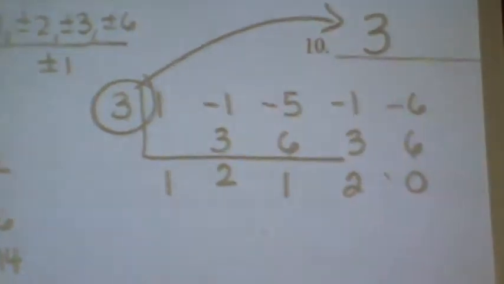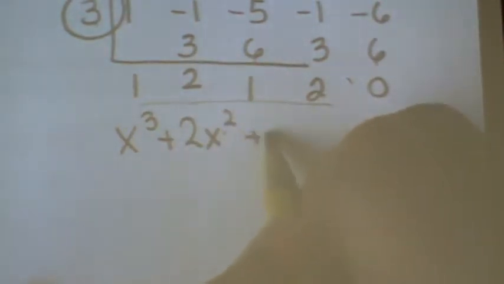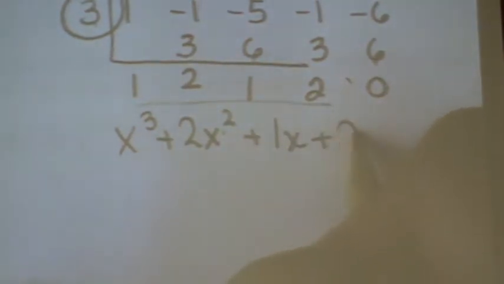Multiply, add, and multiply, and guess what? We got a 0. That goes here, that's a real 0. 3 worked. So what's left here is 1x cubed plus 2x squared plus 1x plus 2.